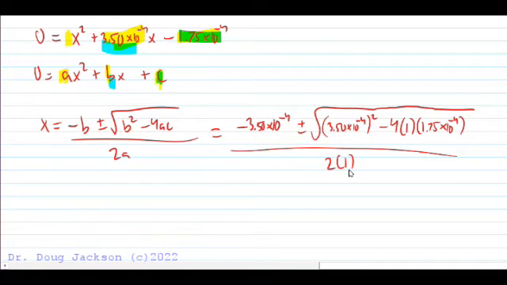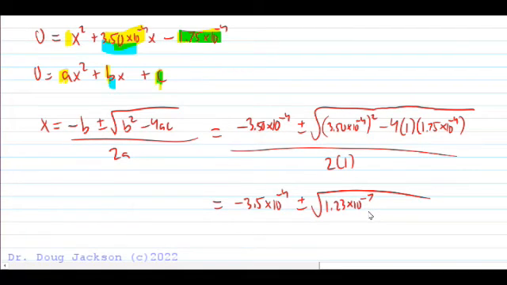Now it's a matter of getting it all into the calculator without making a mistake. So I'm going to do this a little bit at a time so you can check yourself along the way. I've worked it ahead to speed us up here. I'll multiply that out, get 1.23 times 10 to the minus 7 when we square up here.